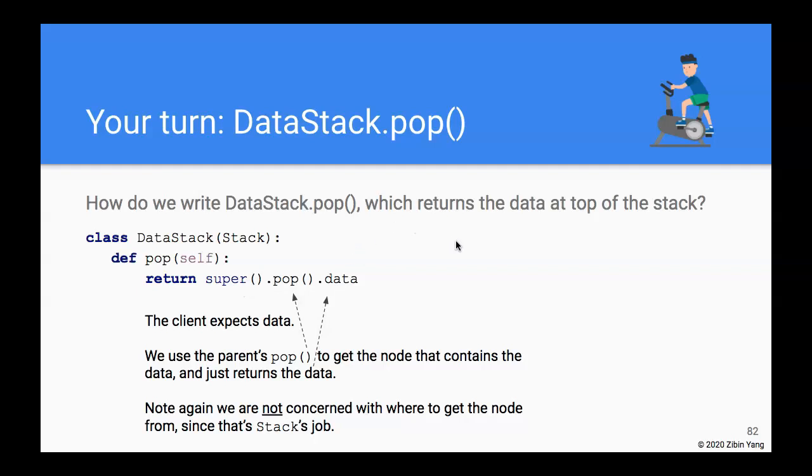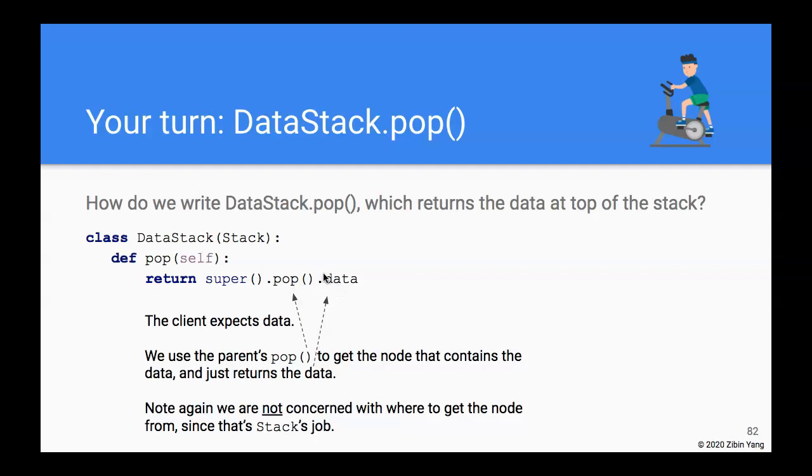Remember, the client is expecting data. So the first thing we do is call stack.pop or super.pop to get the node at the top of the stack. And then obviously we don't want to return the node, but we extract the data from the node and return that.